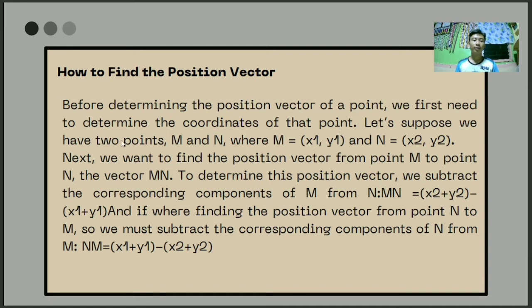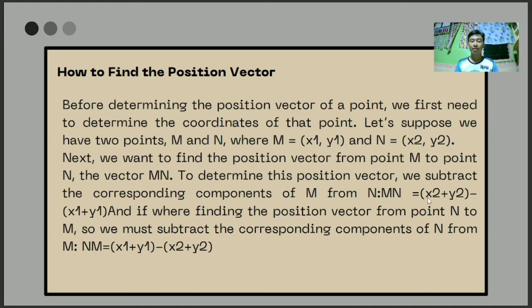Let's suppose we have 2 points M and N, where the coordinates of M are x1 and y1, and the coordinates of N are x2 and y2. Next, we want to find the position vector from point M to point N, or the vector MN. To determine this position vector, we're going to subtract the corresponding components of M from N. So position vector MN is equal to x2, y2 minus x1, y1.